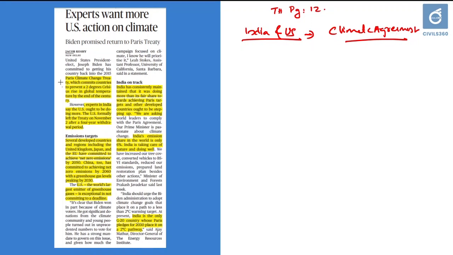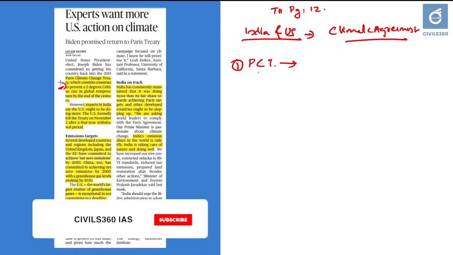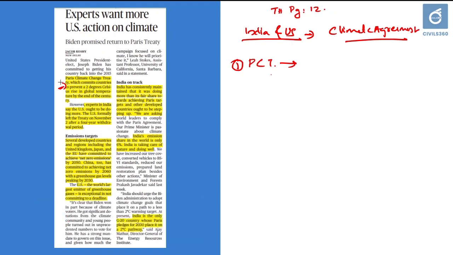For example, I already said that the US has formally exited from Paris Climate Change Treaty recently, that is on November 2. And why it is necessary? From this article, you just need to understand what is Paris Climate Treaty. What are the objectives? Who are the signatories of Paris Climate Treaties? And all these should be understood.